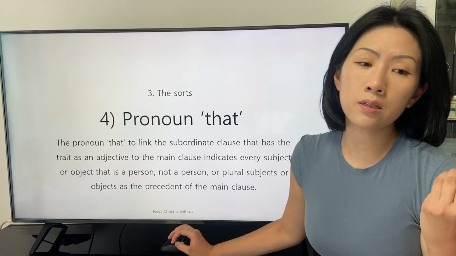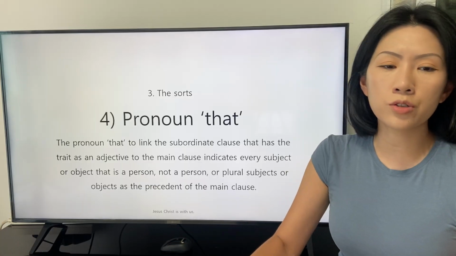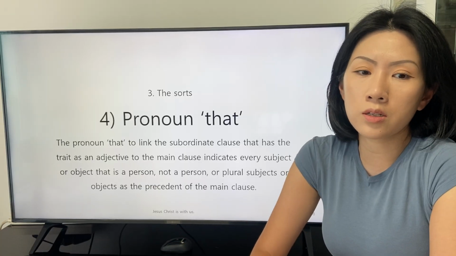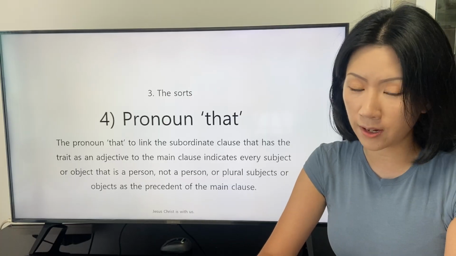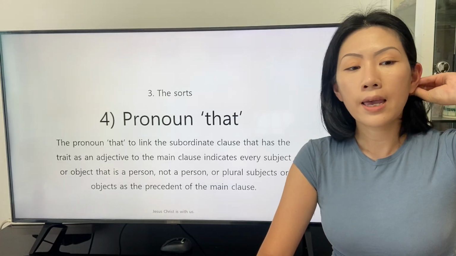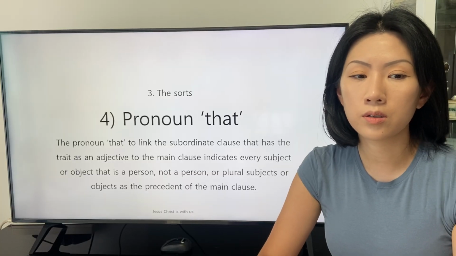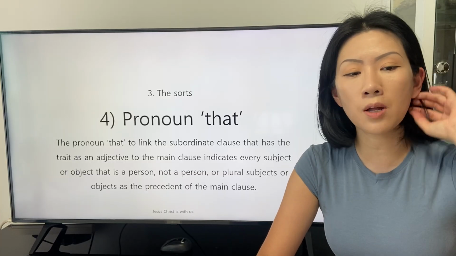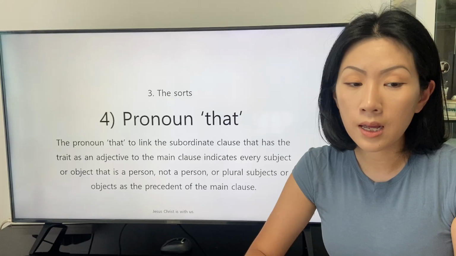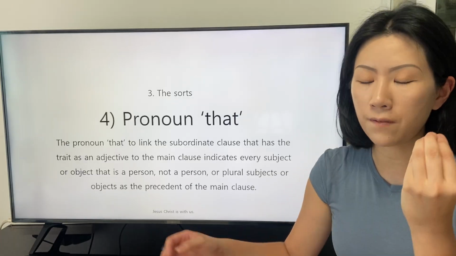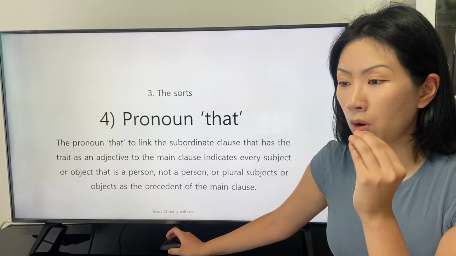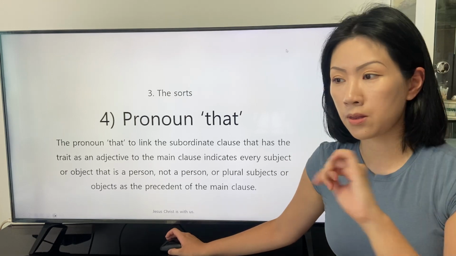The pronoun that links the subordinate clause that has the trait as an adjective to the main clause, and indicates every subject or object, whether a person, not a person, or plural, as the precedent of the main clause. Any subject or object can be indicated by the pronoun that.